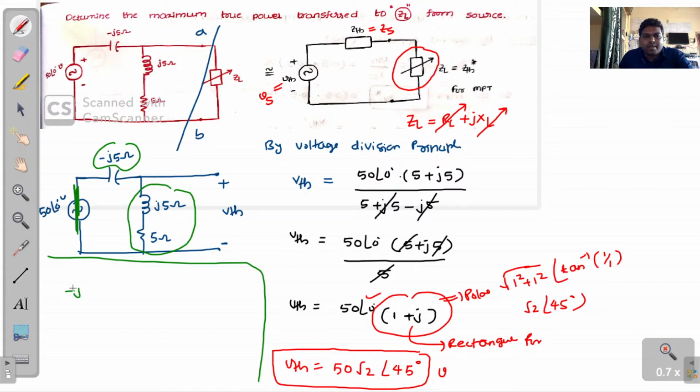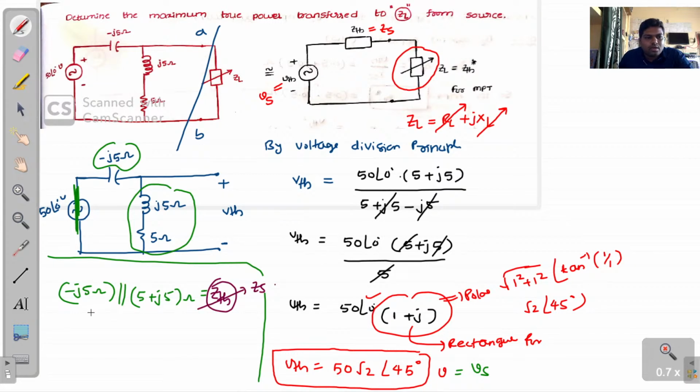So minus j5 ohm in parallel with 5 plus j5 ohm is equal to the Thevenin impedance. This V Thevenin we should consider as Vs, and this we should consider as Z Thevenin, not R Thevenin. Z Thevenin we can call Zs also, right?